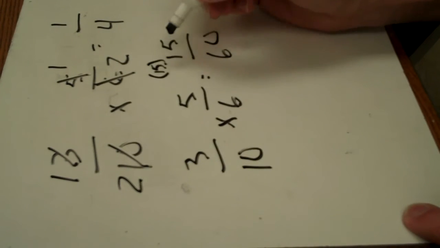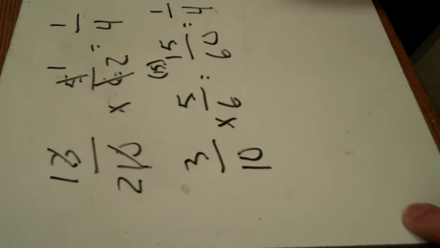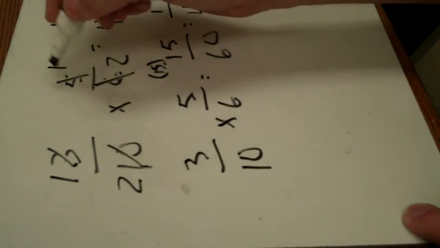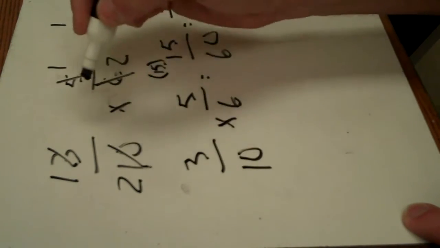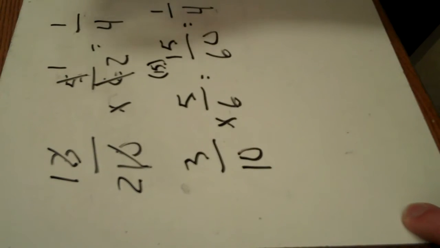So 15 is the magic number. 15 will go into 15 one time. 15 times 4 equals 60. So when we cross simplified, we were working with smaller numbers, which made it a whole lot simpler, in my opinion, than having to deal with the bigger number in the 15/60ths.